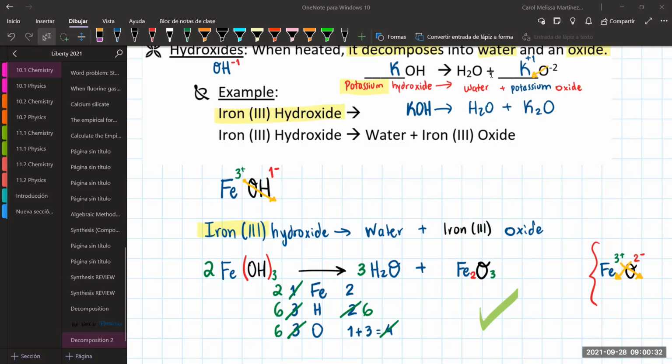But also that 3 is going to multiply your oxygen. Remember that oxygen has an invisible 1. So 3 times 1 plus invisible 1 times 3 that you have on the other side. Okay, here we have an invisible 1.